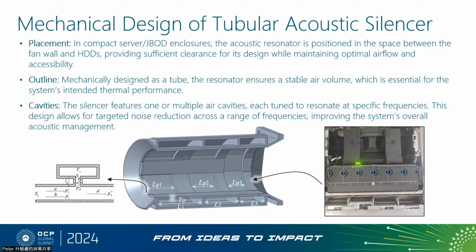However, when you take it off and look inside, you can see several tubes, each aligned with one or more auxiliary cavities. In each tube, there are one or multiple cavities, each tuned to resonate at specific frequencies. This design allows for targeted noise reduction across a range of frequencies, improving the system's overall acoustical management.